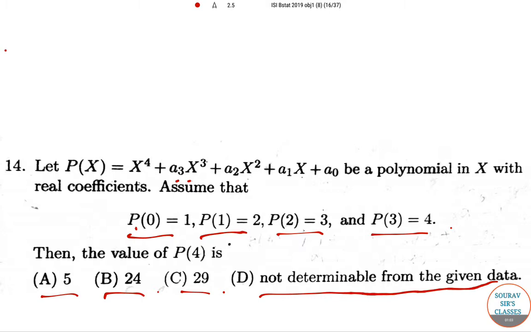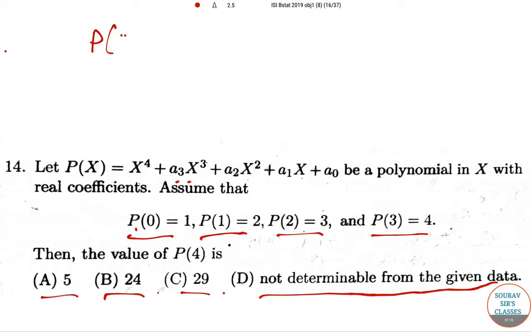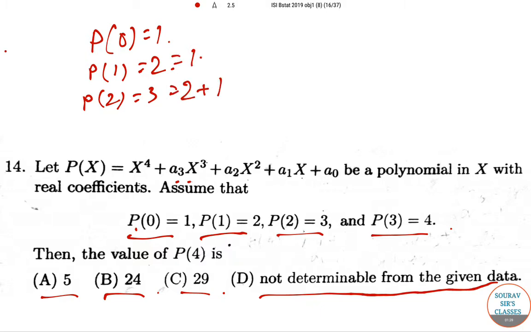Now from here we are seeing P(0) equal to 1, P(1) equal to 2, P(2) equal to 3 equal to 2 plus 1, it is 1 plus 1, it is 0 plus 1, and P(3) equal to 4 equal to 3 plus 1.